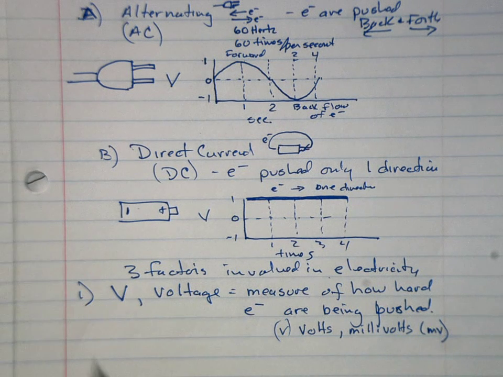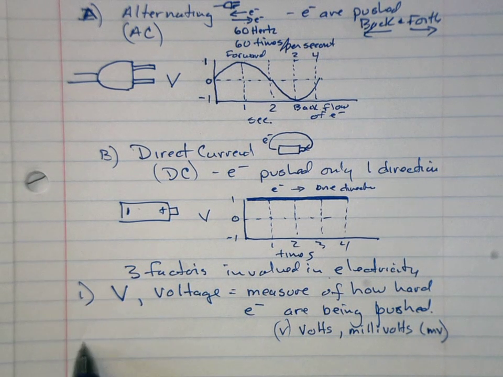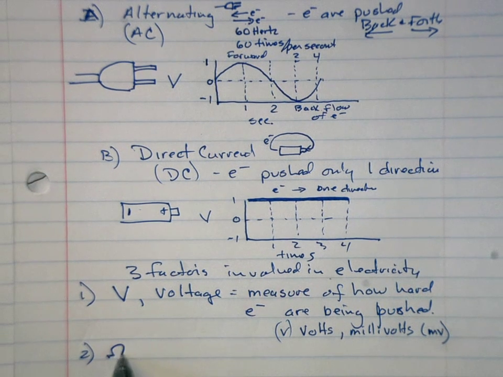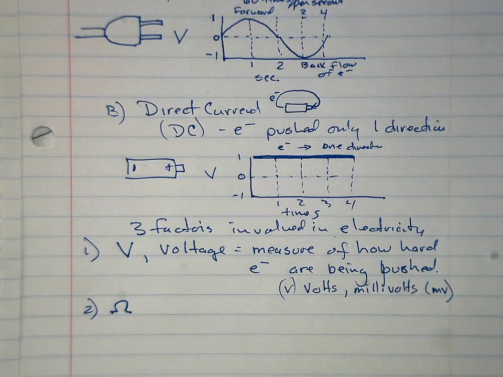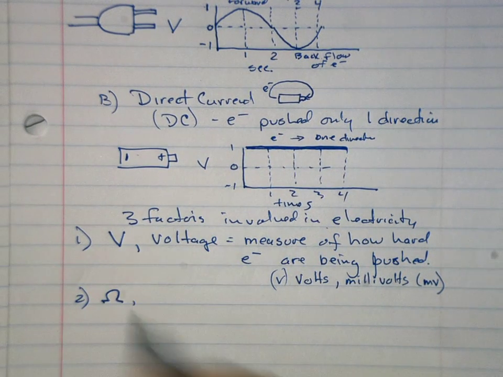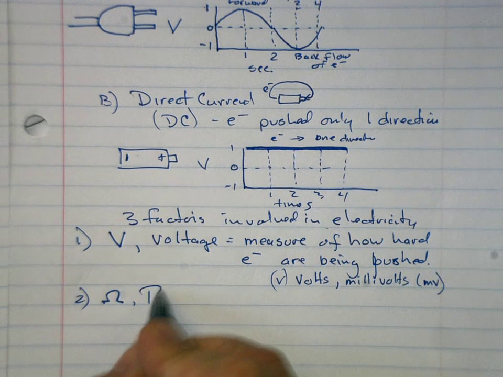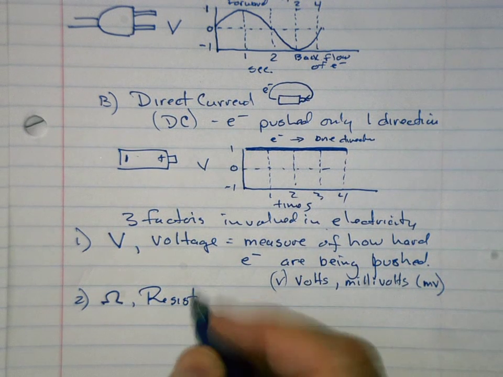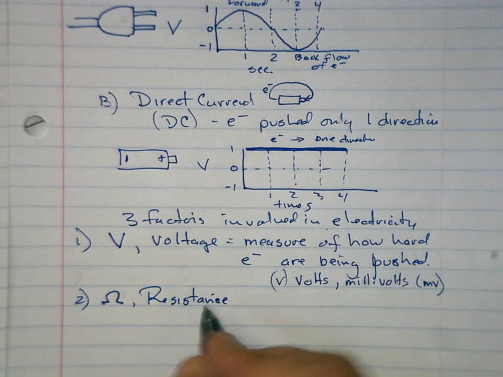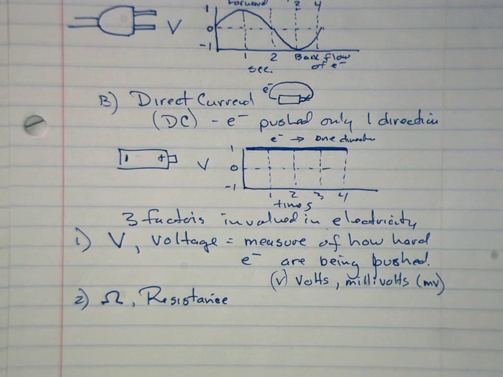So the next one, number 2, is resistance. I believe omega is the symbol that is used to represent resistance. And this is a measure of how hard it is to push electrons through a material.